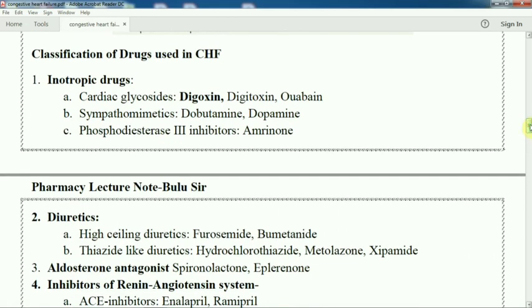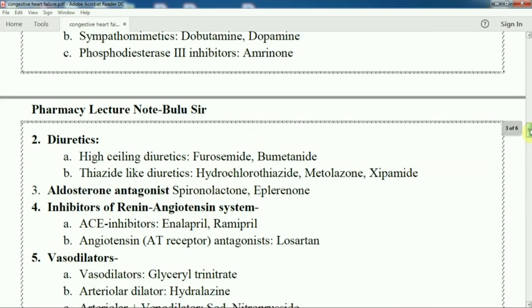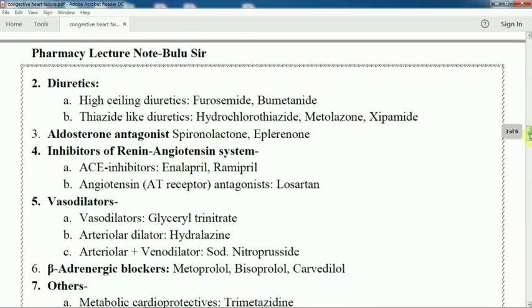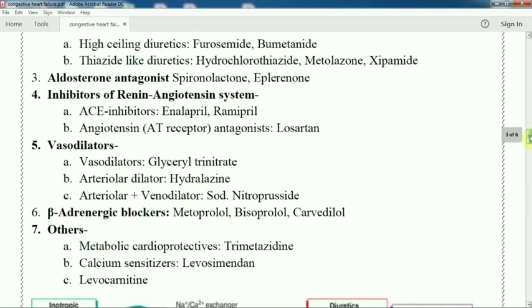First, inotropic drugs: cardiac glycosides, digoxin, digitoxin, ouabain, sympathomimetic drugs, phosphodiesterase 3 inhibitors. Diuretics: high-ceiling diuretics, thiazide-like diuretics, aldosterone antagonists. Inhibitors of the renin-angiotensin system: ACE inhibitors, AT1 receptor blockers. Vasodilators: arteriolar dilators, venous dilators, arteriolar with venous dilators.